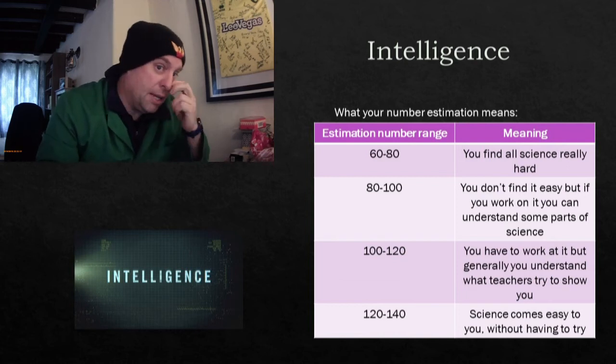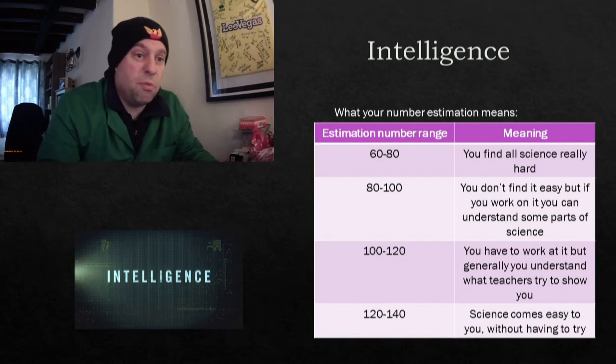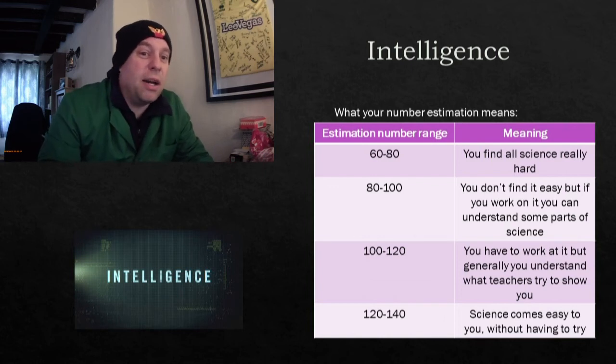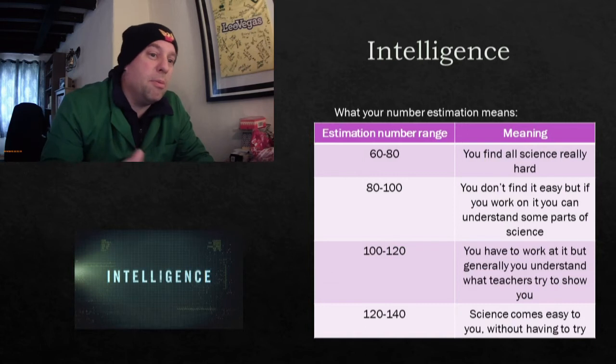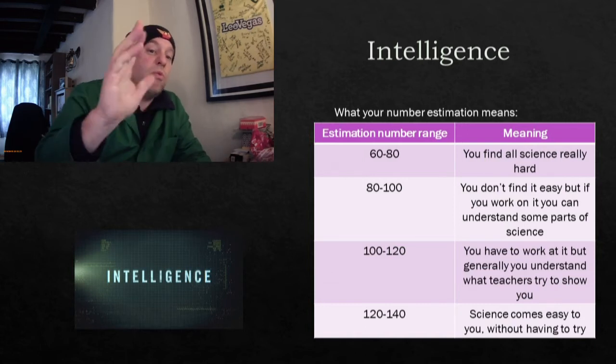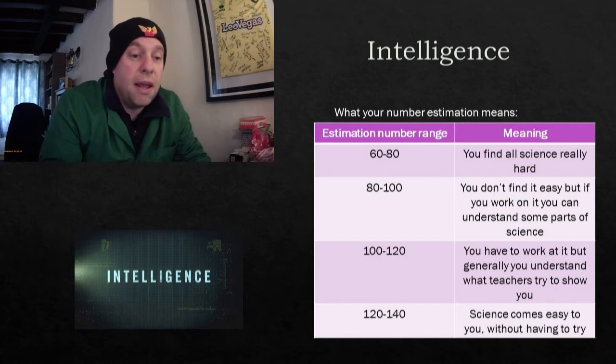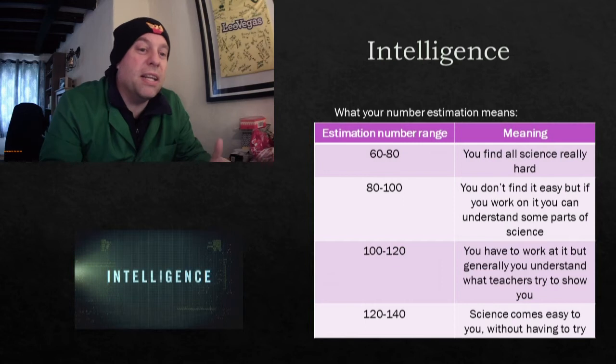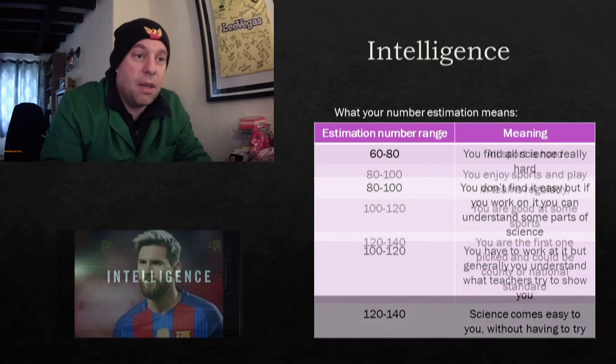If you find science a little bit hard, but you work on it and understand most of it, you're between 80 and 100. If you generally find science quite easy, but you do need to work a little bit, you're between 100 and 120. And if you think science is just way too easy, you're 120 to 140. It's just an estimation. It means nothing. It's what we do with the numbers that's going to be important.